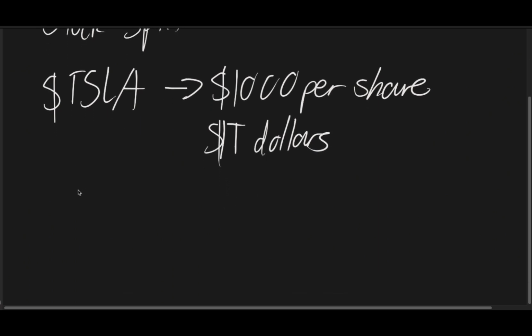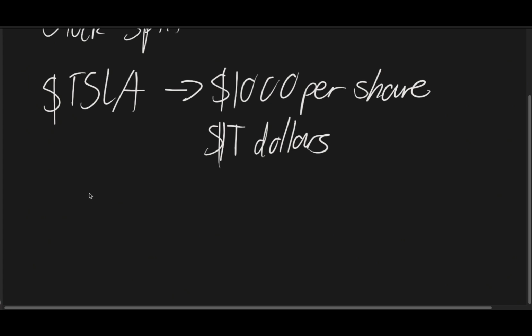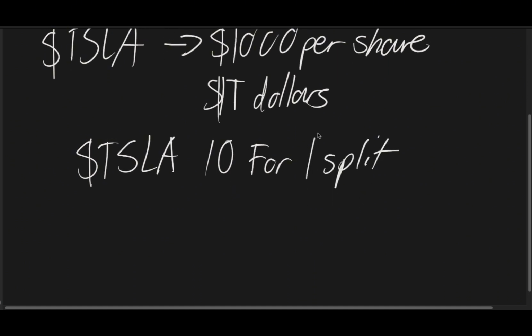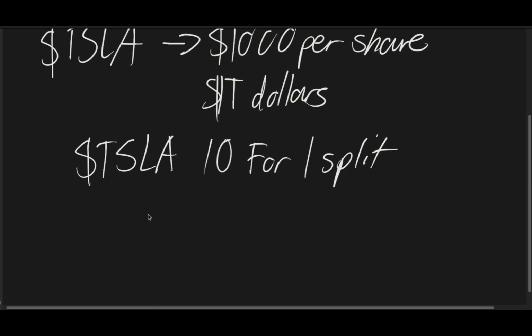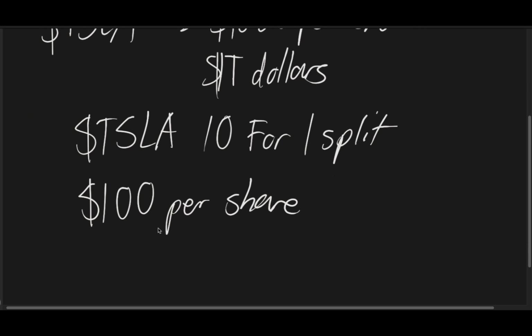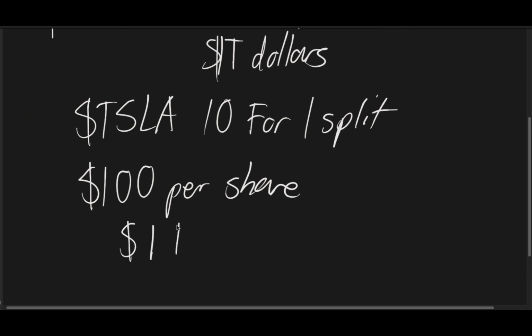Now, if Tesla undergoes a 10-for-1 split, this means that for every 1 share, you will receive 10 shares. So, Tesla's price will correct to $100 per share, and the market cap would be $1 trillion, right?